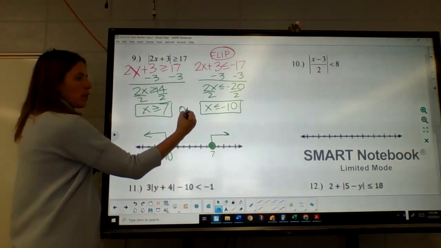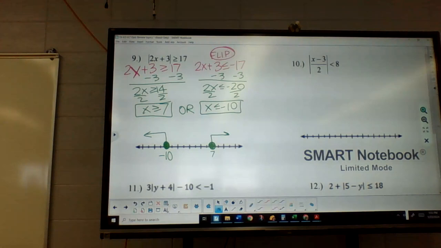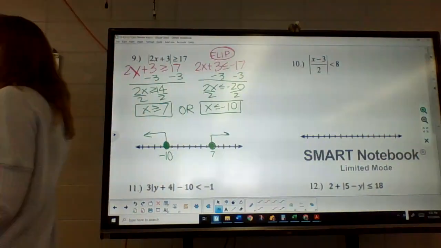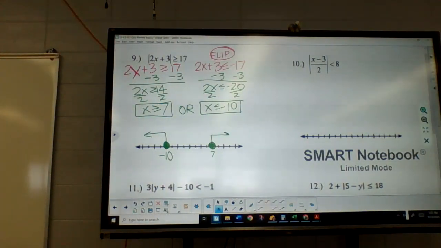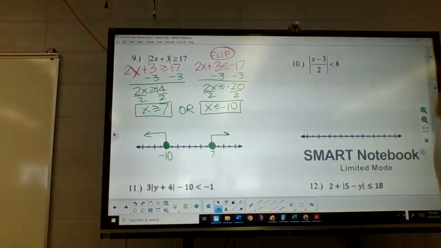So we say this is an or inequality. On the test, I will ask you if it's an and or an or, and it's pretty easy to tell if you graphed it correctly. Remember, the arrows should never both be going the same direction. Something went wrong with your solving. You probably forgot to flip it if the arrows are both going the same direction. So be careful about that.